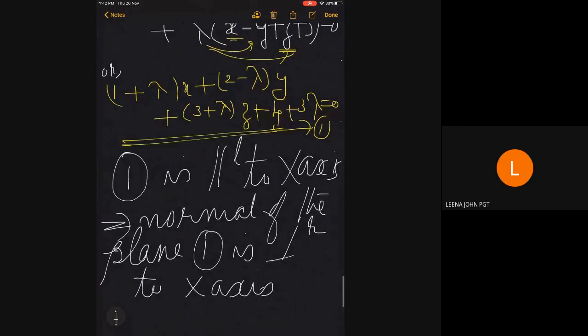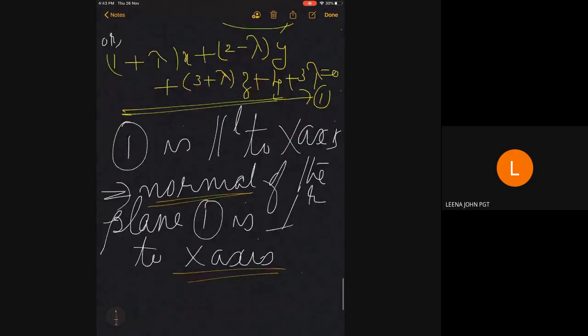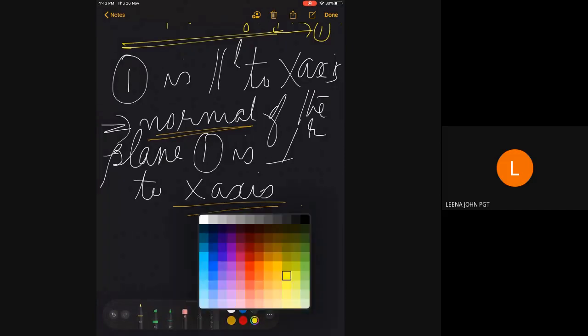So now we need to write the perpendicularity condition. For writing it, you have to write the direction ratio of the normal and also the direction ratio of the x-axis. So what is the direction ratio of the normal?